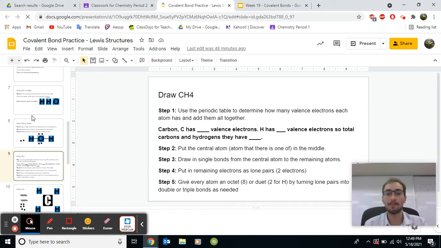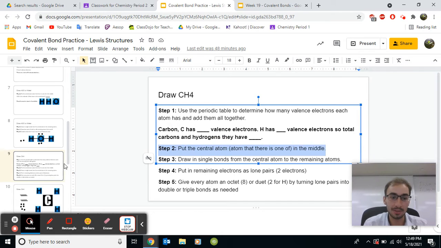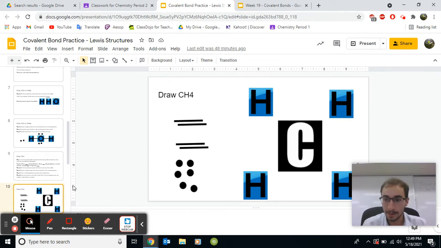I'm going to start with CH4. So CH4, you need to put the central atom, the C, in the middle. And the first step is always to attach single bonds from the central atom to the other atoms.